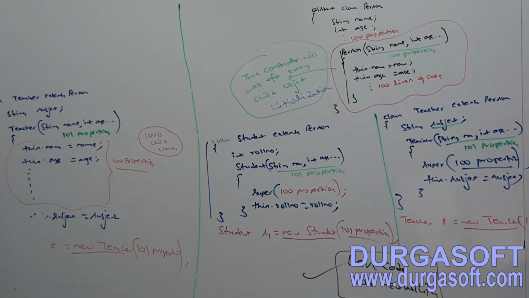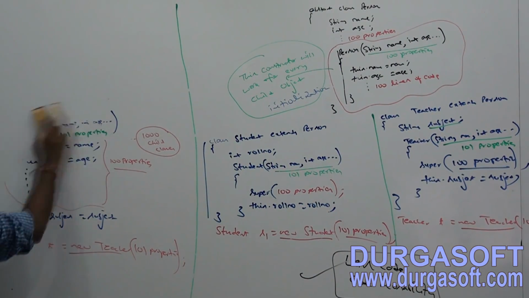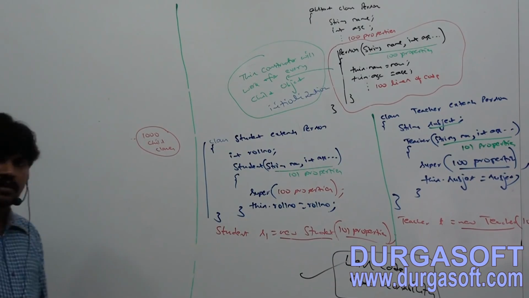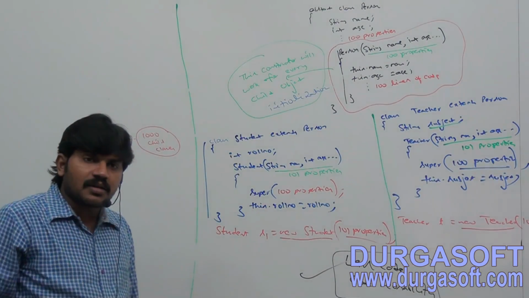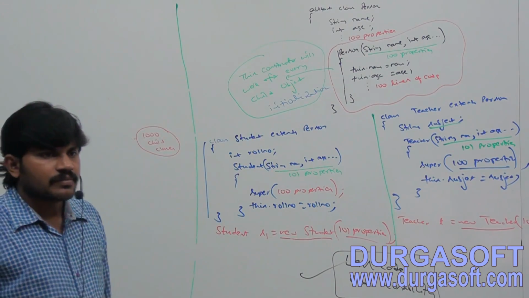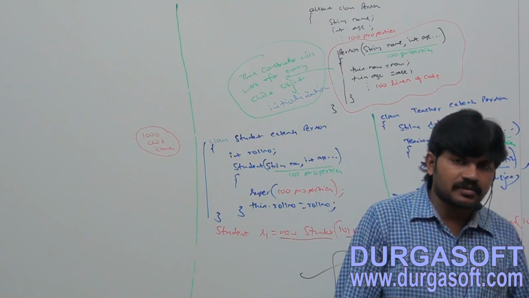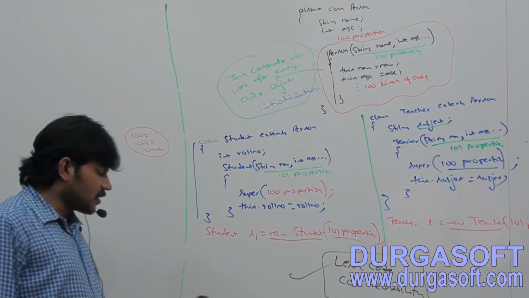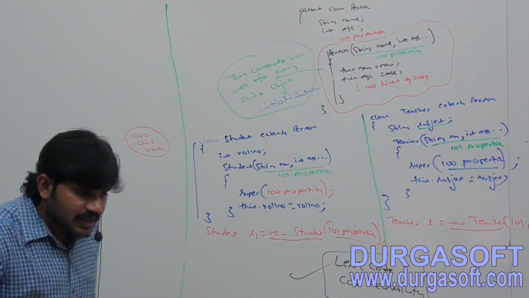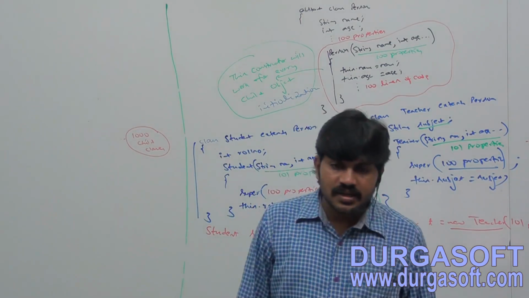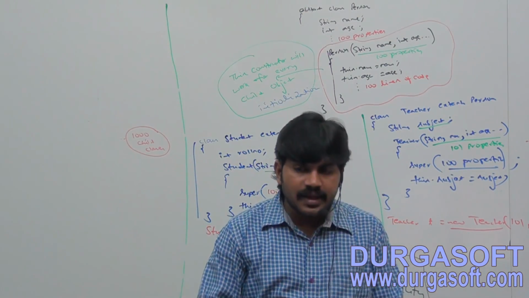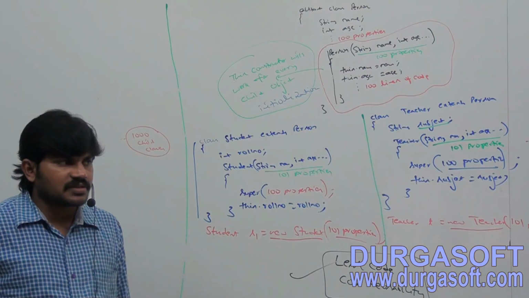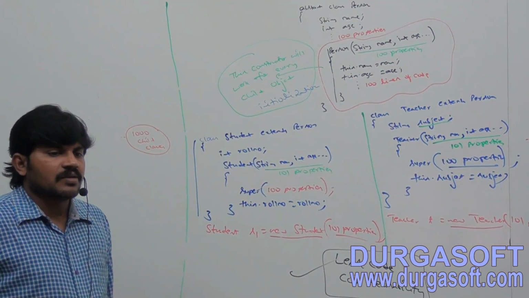But abstract class can contain constructor, but interface doesn't contain constructor. What is the reason?